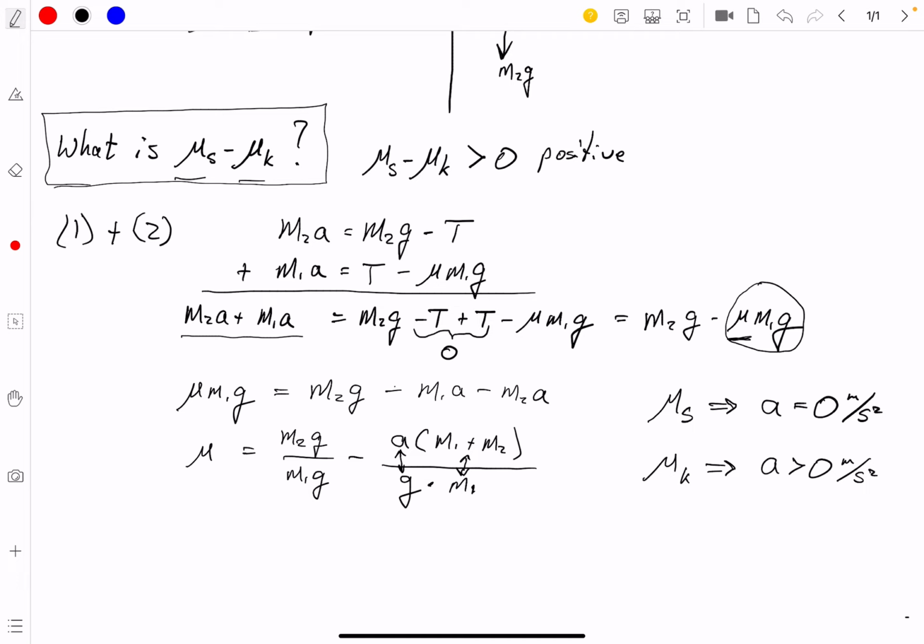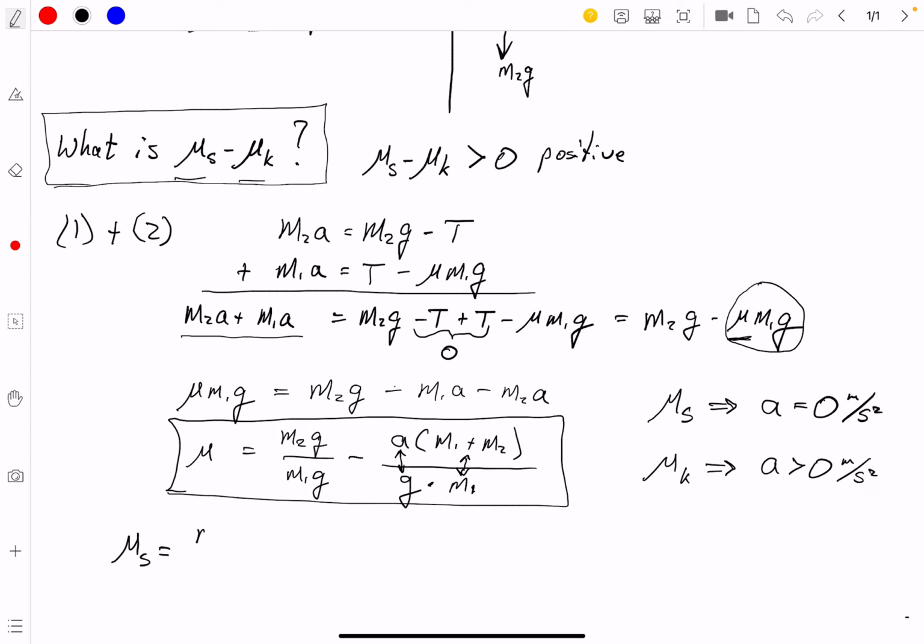All right? So when we say we want to subtract mu k from mu s, we just use this same mu equation, only in the mu static situation, A equals 0.